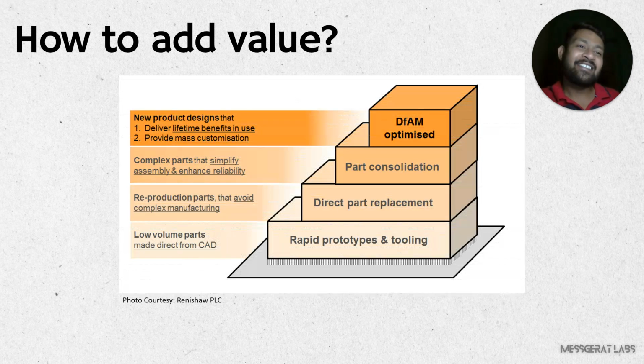Now the question is how to add value. We have very well understood what is value, but let's try to understand how to add value. So there are four stages of AM deployment. This particular theory has been defined by Dr. Mark Saunders, the Vice President of Renishaw PLC.